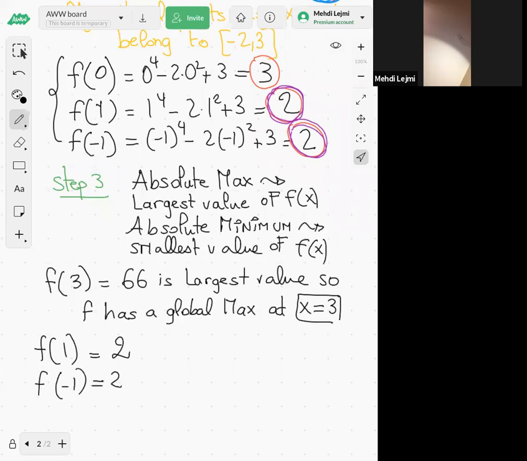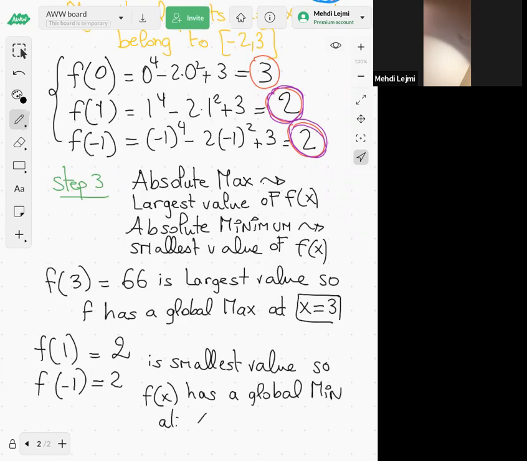So this is the smallest value. So f of x has a global or absolute minimum at x. Well, actually, we have two global minimums because they have the same height, right? Both are of height 2, right?